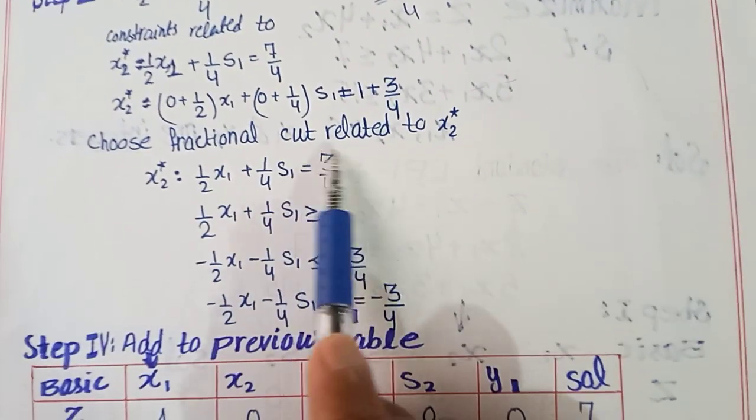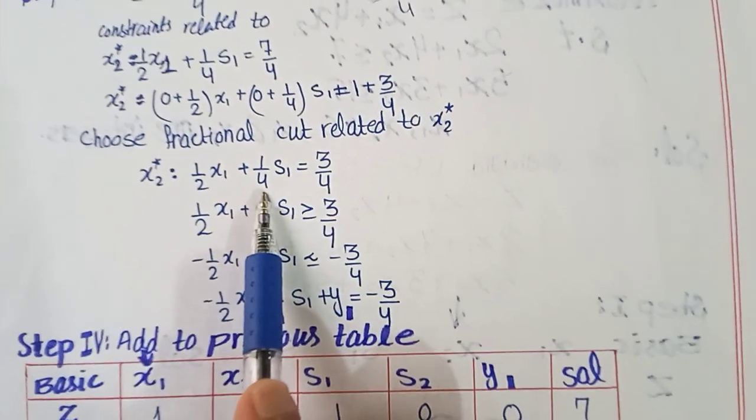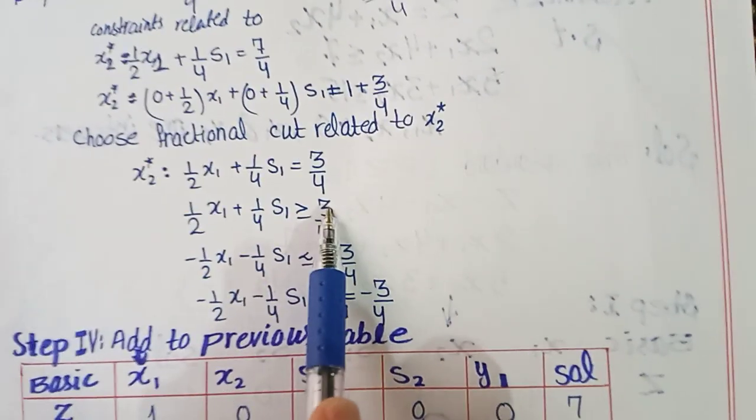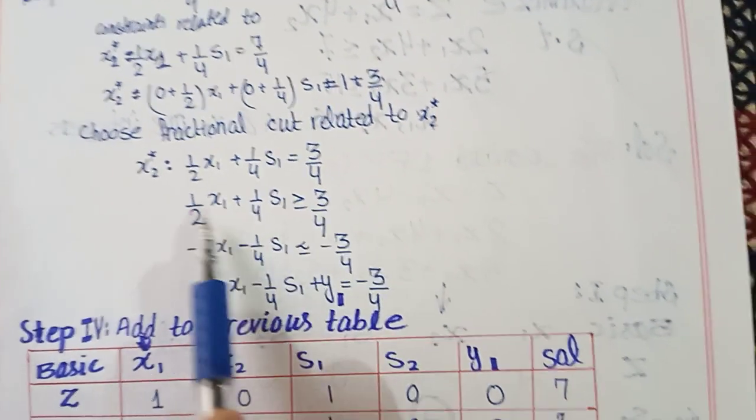Choose the fractional cut related to x2: 1 over 2 x1 plus 1 over 4 s1 is equal to 3 over 4. Only use the fractional part, not the integral part.